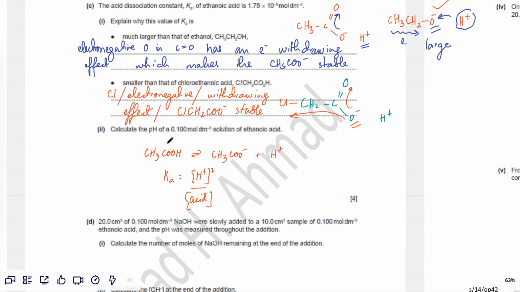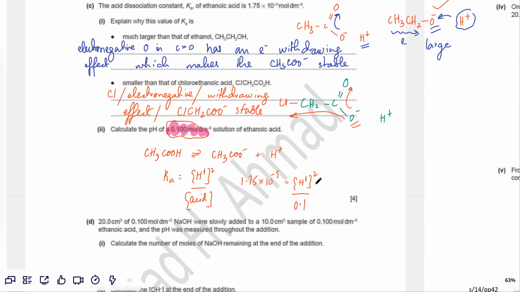So K value is already given. That's 1.75, I think, 10 power -5. H plus squared divided by the acid concentration, which is also given, which is 0.1 mole per dm cube. So that's 0.1.